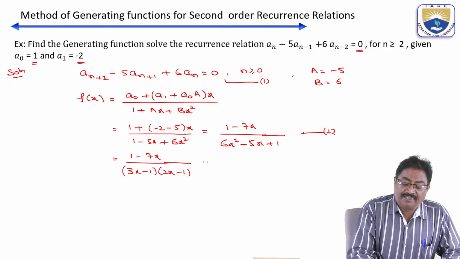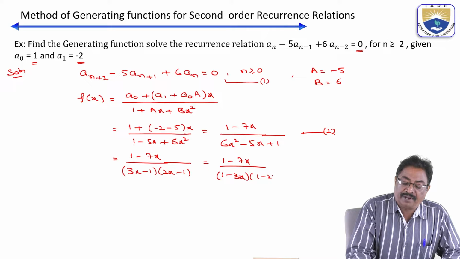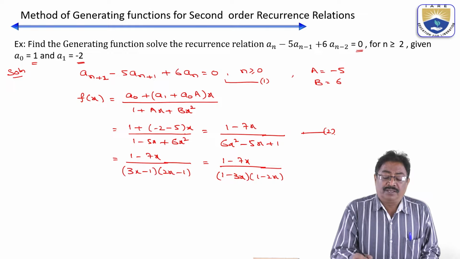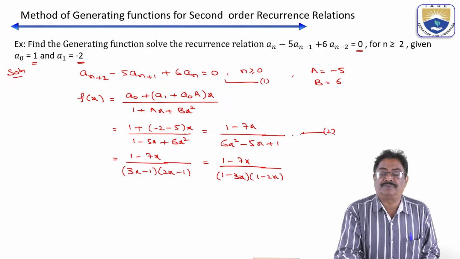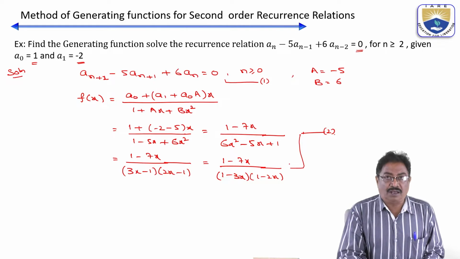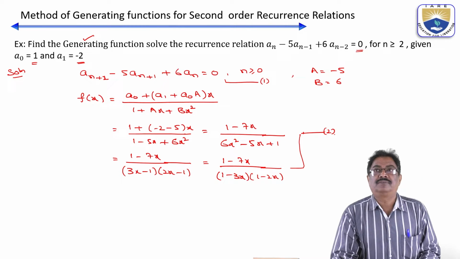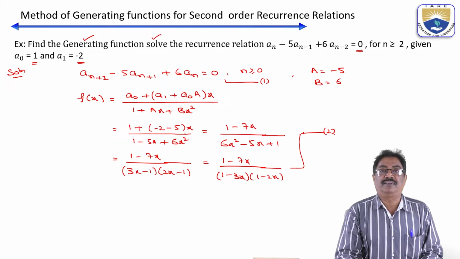Or else I can write this as (1 minus 7x) by (1 minus 3x) into (1 minus 2x), taking minus as common in both, so minus minus becomes plus. Either form we can call the generating function, any one we can consider. This is only finding the generating function. Now we are going to solve the generating function.